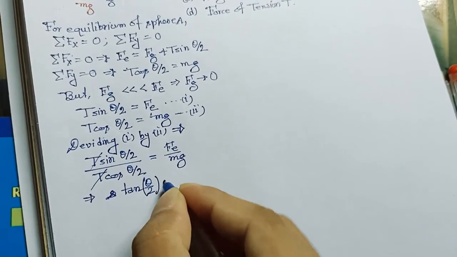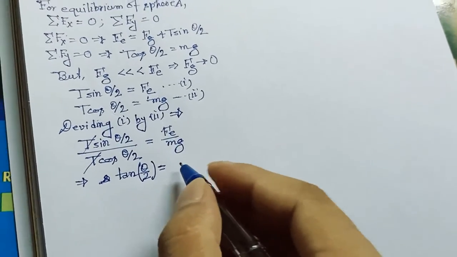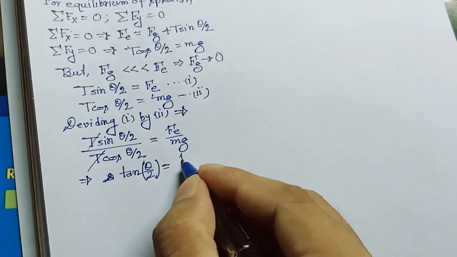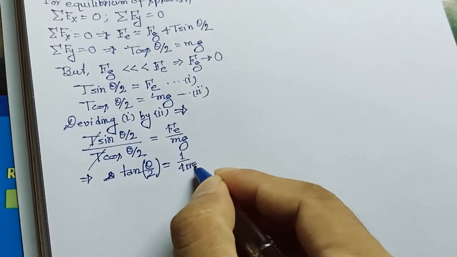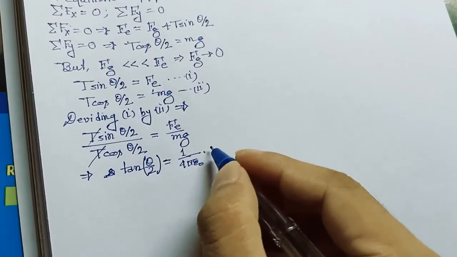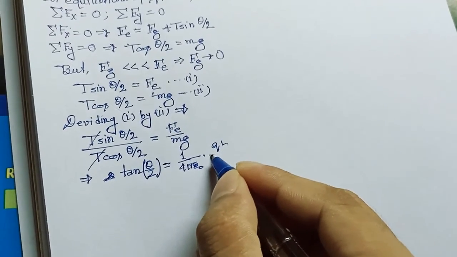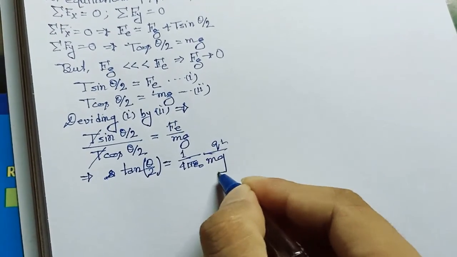tan(theta/2), which will be equal to Fe, equal to 1 by 4 pi epsilon naught into q square divided by mg.